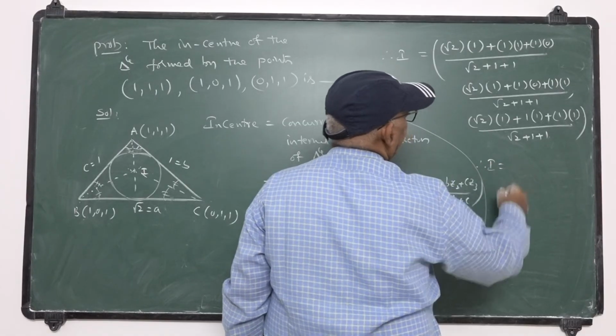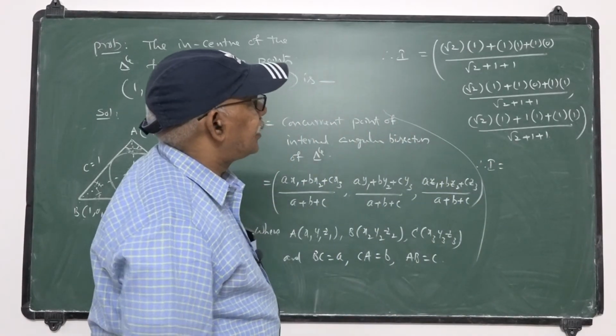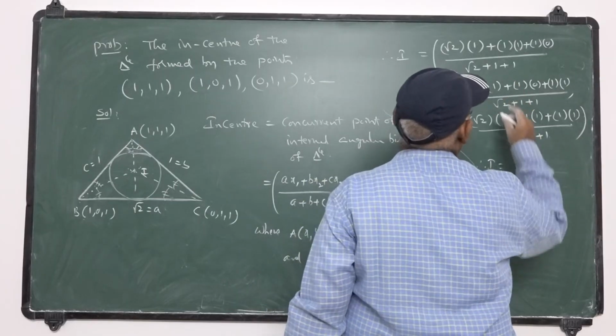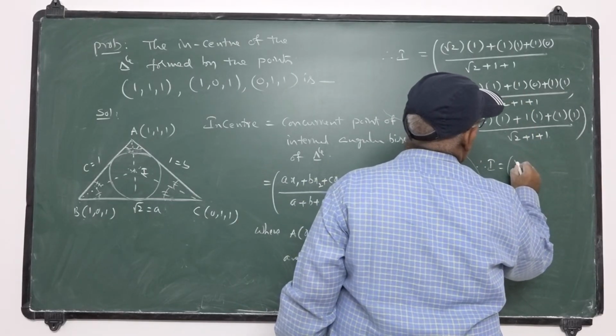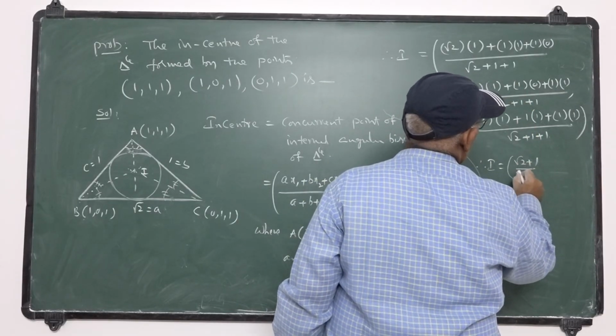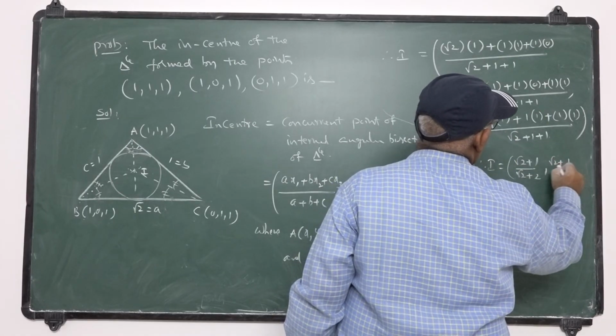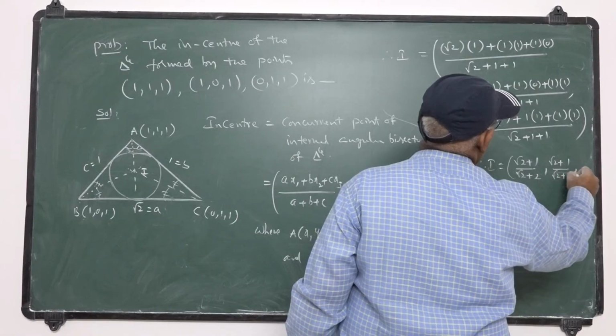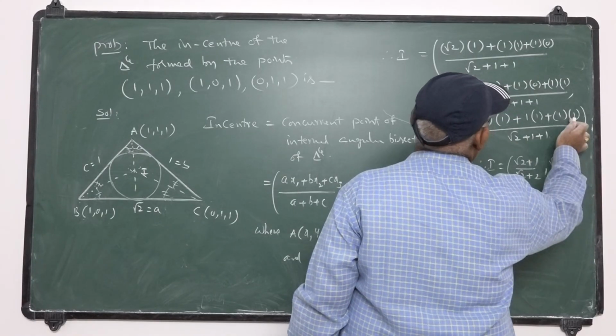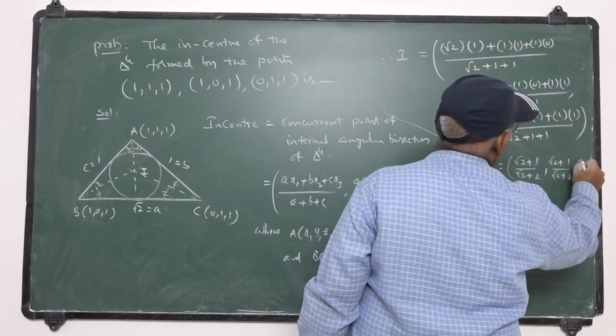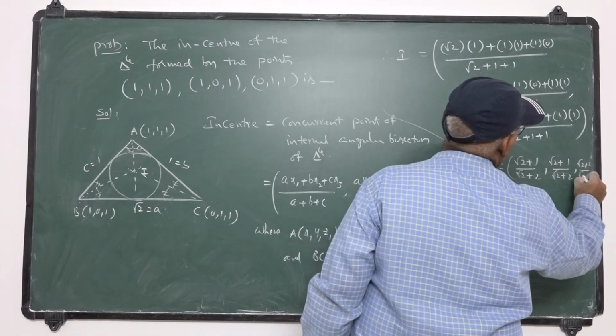So therefore, I takes the value (root 2 plus 1) by (root 2 plus 2), (root 2 plus 1) by (root 2 plus 2), and (root 2 plus 2) by (root 2 plus 2).